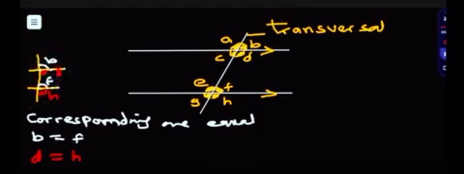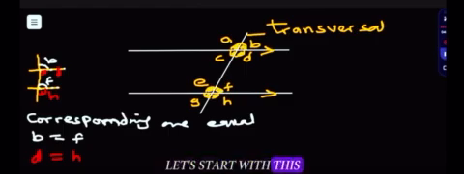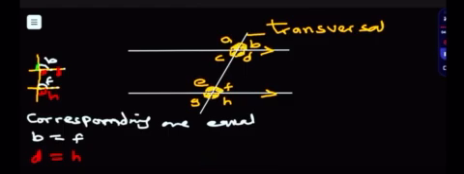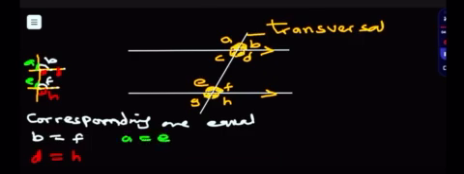Now, A, C, E, and G. Can you guess the ones that are corresponding? Let's start with this. This is A, which is above the straight line. This is E, it is also above the straight line. A is equal to E. Why?